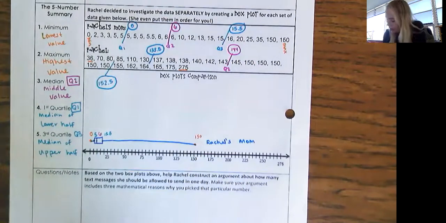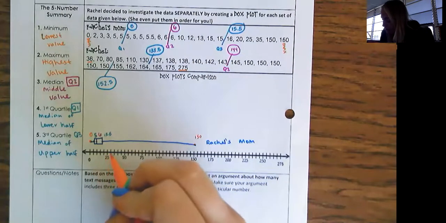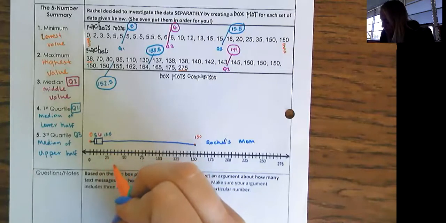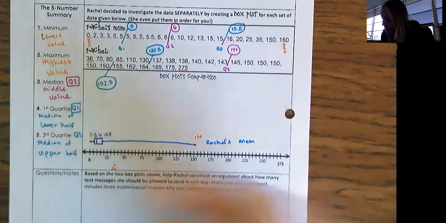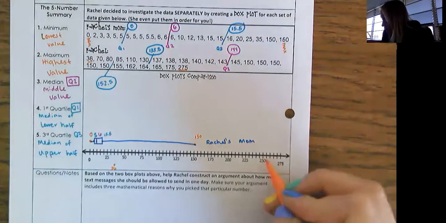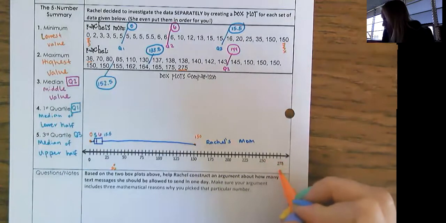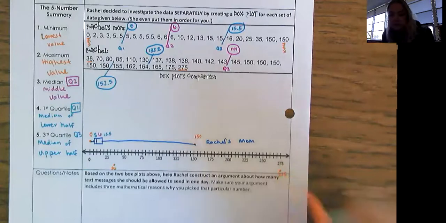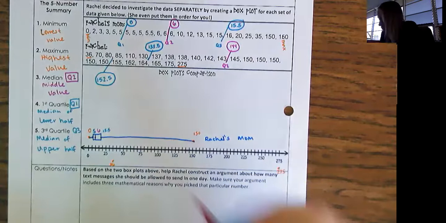So the minimum for Rachel was 36. So I've got 25, 30, 35, barely past that will be 36. The maximum for Rachel was 275. So that would be the very end here, 275. Okay, for Rachel, the median was at 144.